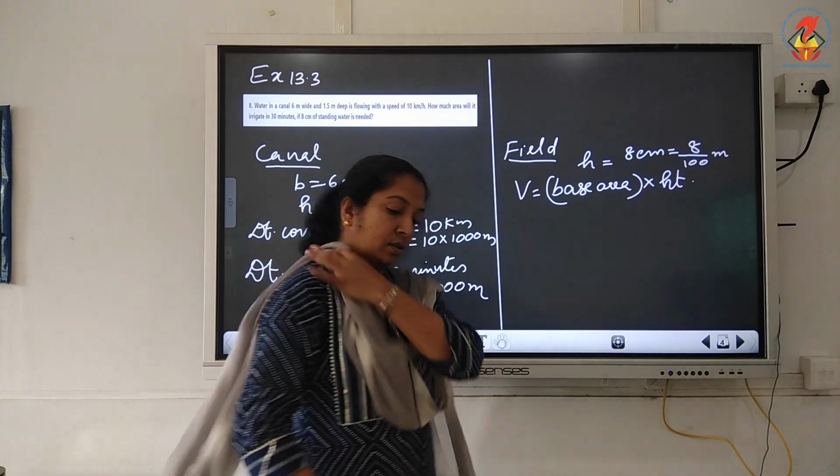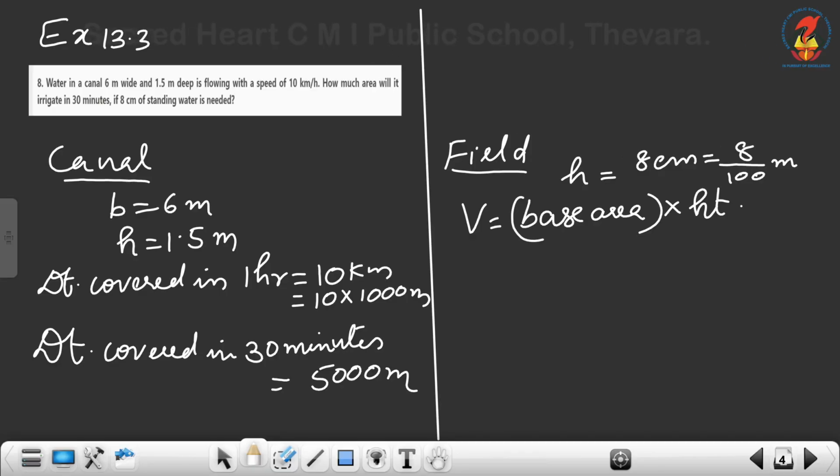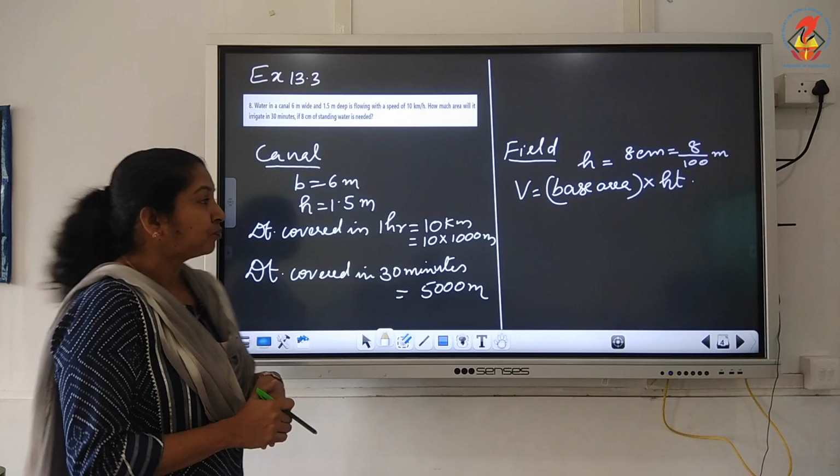Next is exercise 13.3, third question. The question is, water in a canal 6 meter wide and 1.5 meter deep is flowing with a speed of 10 km per hour. How much area will it irrigate in 30 minutes if 8 centimeter of standing water is needed?